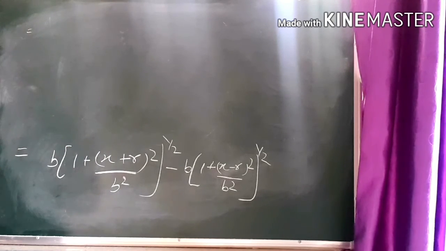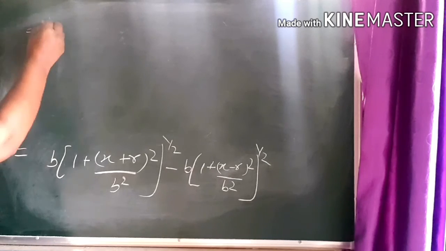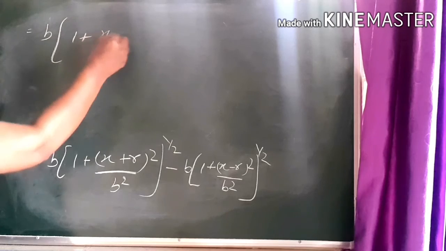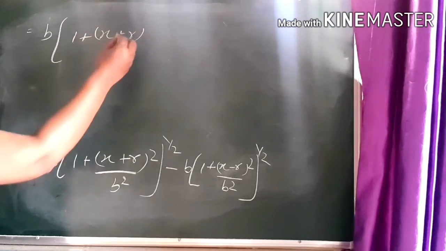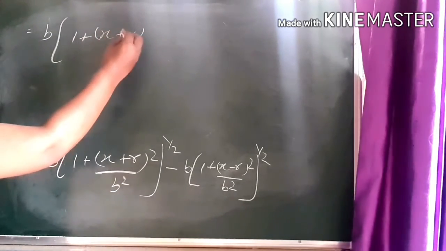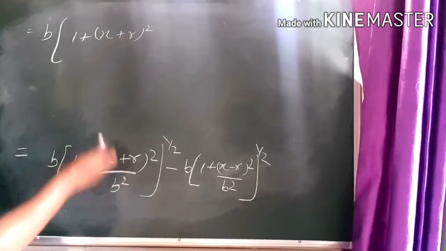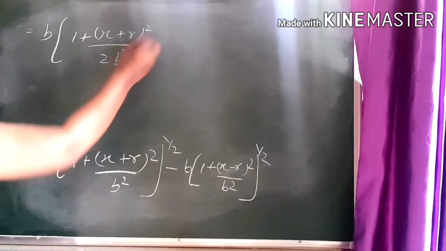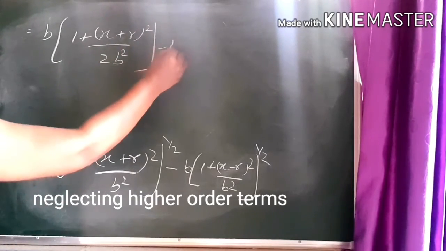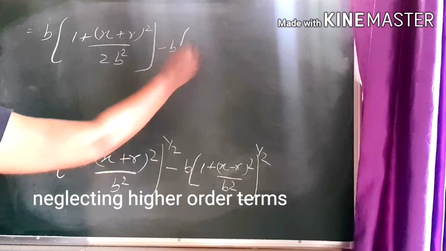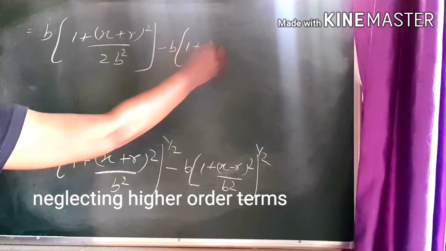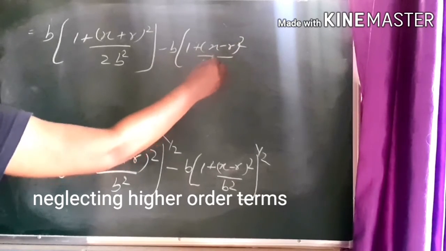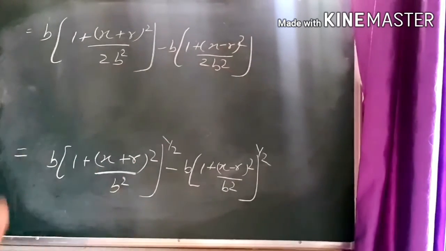We have b into (1 plus (x plus r) square by 2b square) minus (1 plus (x minus r) square by 2b square).